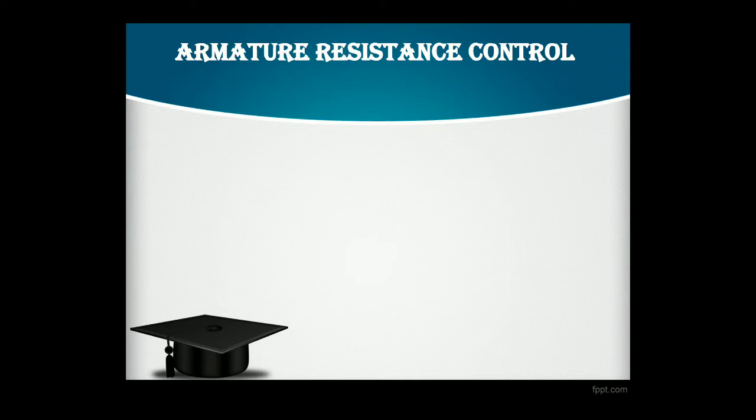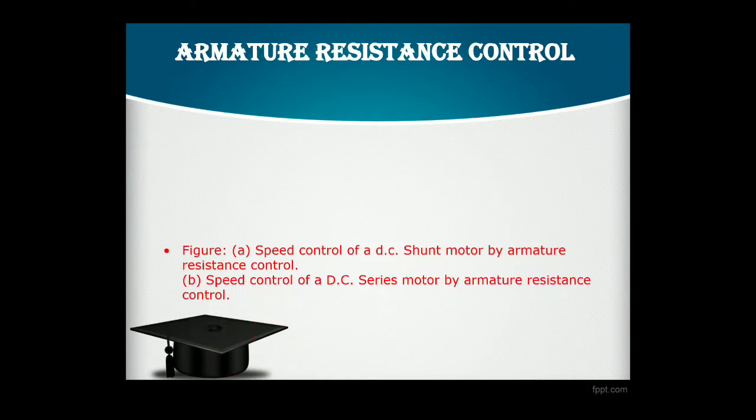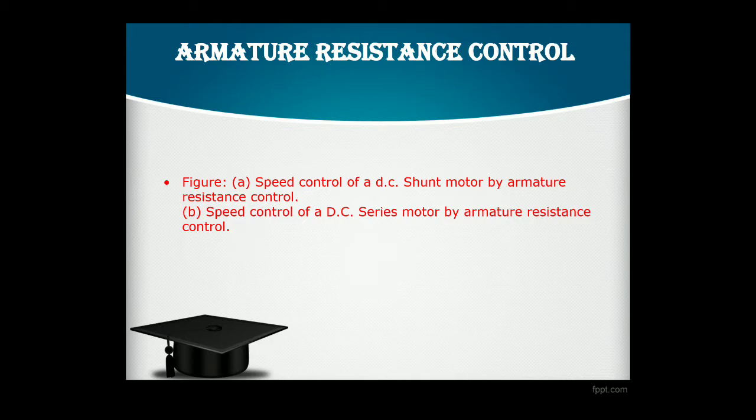Now the statement of the armature resistance control. Figure 1, speed control of DC shunt motor by armature resistance control. And in the previous slide we can see figure B, speed control of DC series motor by armature resistance control.